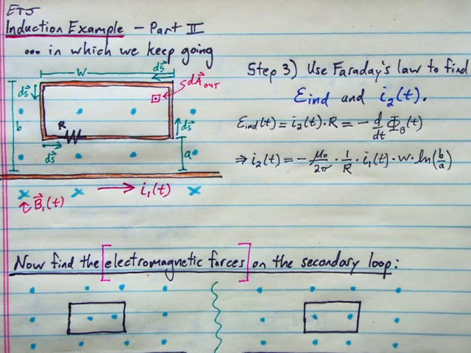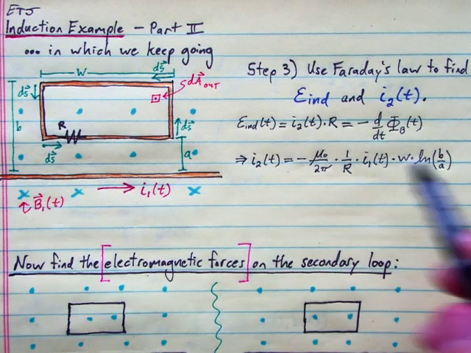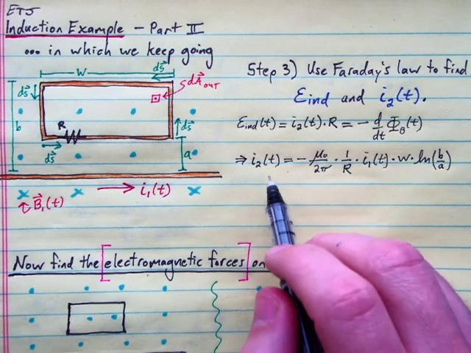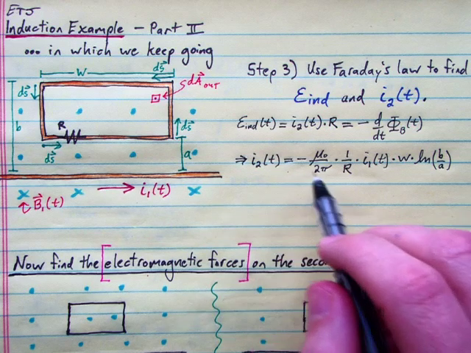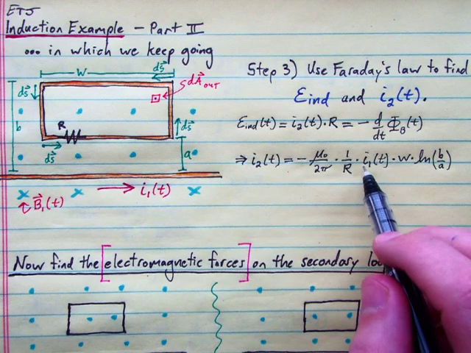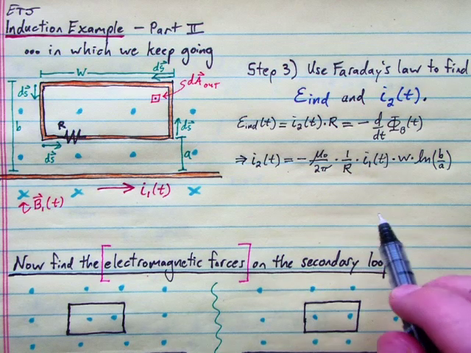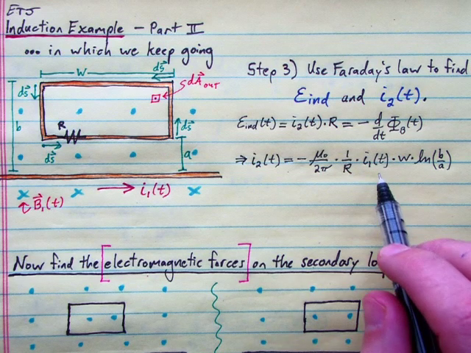Okay, I think we've got it. This is what we've been looking for. Our expression for the induced current in the secondary as a function of time, as it depends on the time variance of the current in the primary.